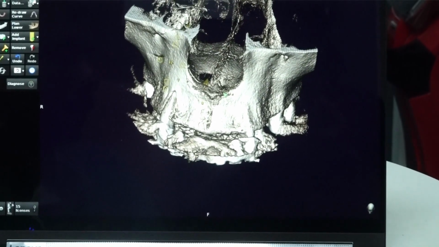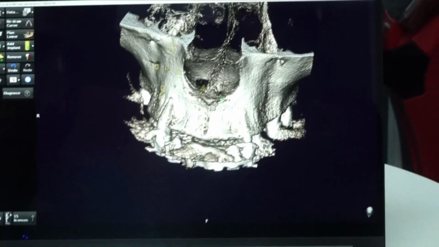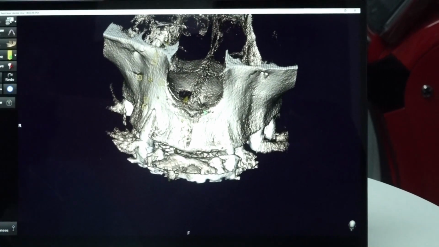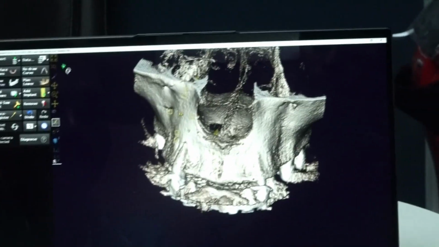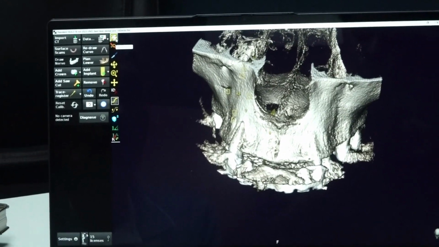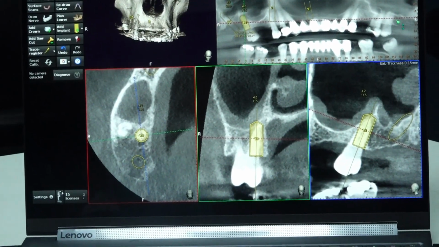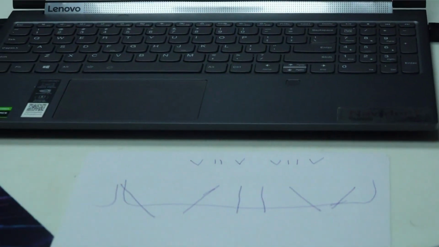If they get necrosed because of lack of blood supply, they may get infection, and there will be pus oozing from the implants. Okay, and that may be the reason for failure in many cases, long term. So don't always think we have to increase the number of implants. Even a basic 6 is enough. If you put this kind of design, this 6 is enough. Other implants are just supplementary implants.